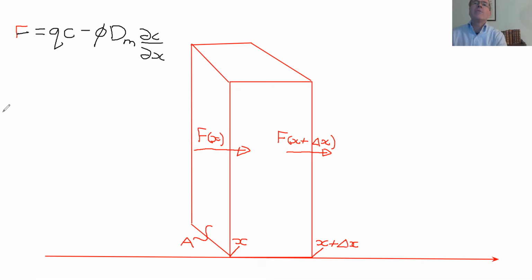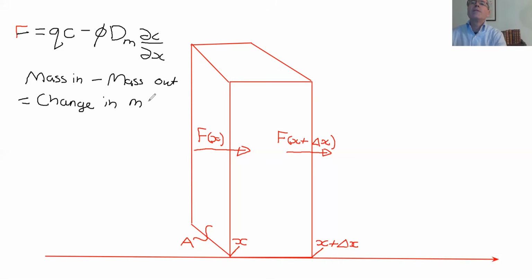Now what I've said is I want to impose conservation of mass. Conservation of mass is quite simple, so let's just write it down. Mass in minus mass out is equal to the change in mass. Right? So now we need to talk about what that means.